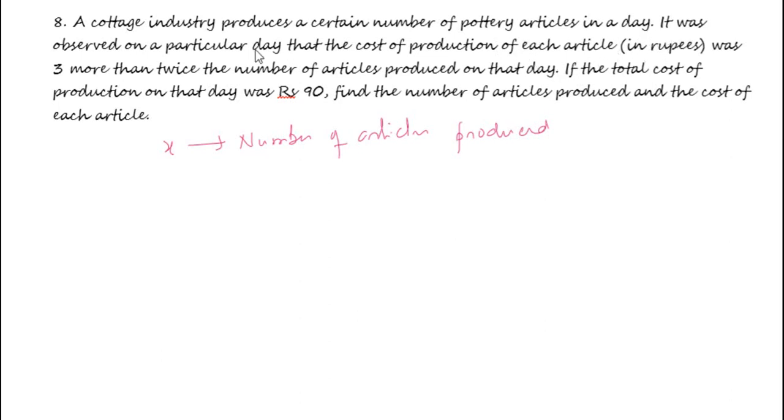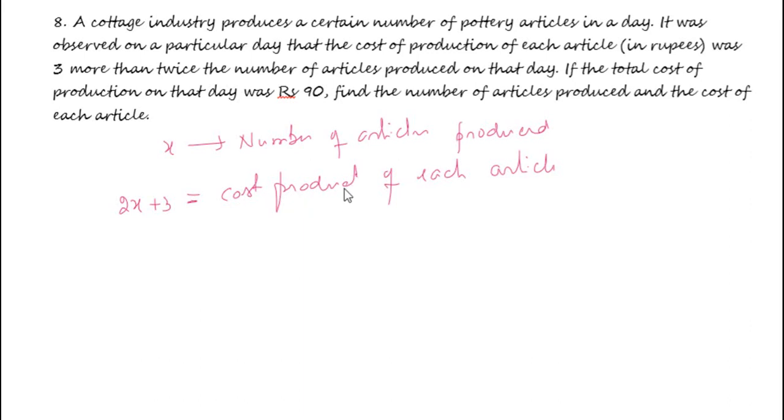It was observed on a particular day that the cost of production of each article in rupees is equal to 3 more than twice the number of articles. Twice the number of articles is 2x, 3 more than that, plus 3.